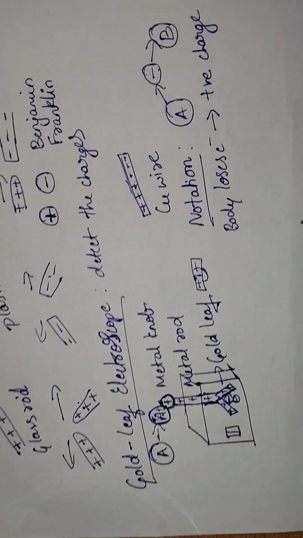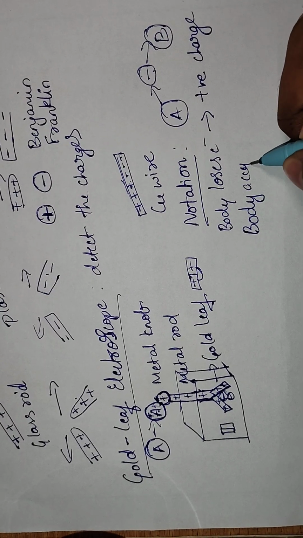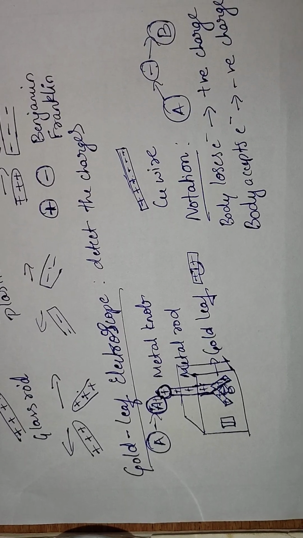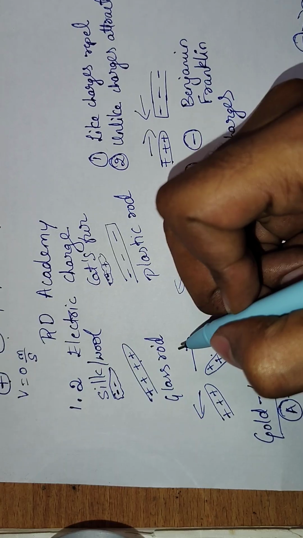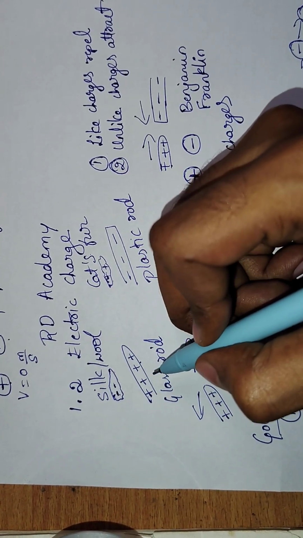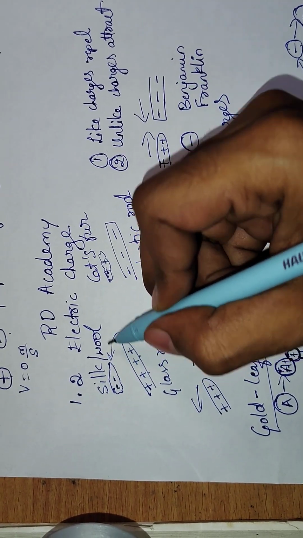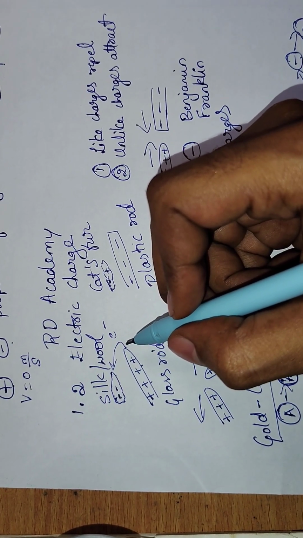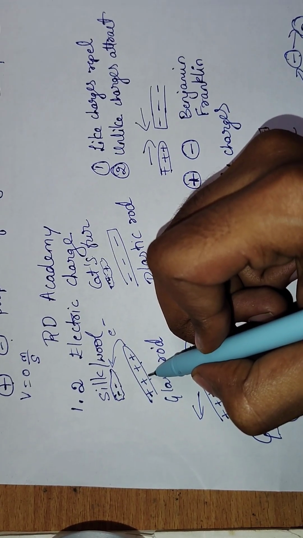So the next point you need to remember is that if a body accepts electrons, then we assign a negative charge. Using this idea, can you tell what happened in our discussion of the silk and glass rod? We assign positive and negative charge, right? So here it implies that the glass rod lost its electrons to the silk or wool cloth with which it is rubbed. Hence the cloth becomes negatively charged, whereas the glass rod becomes positively charged.